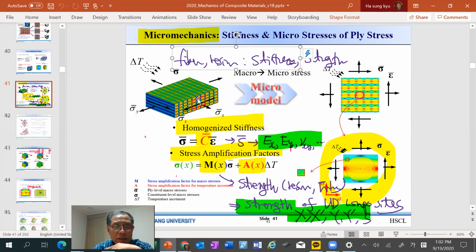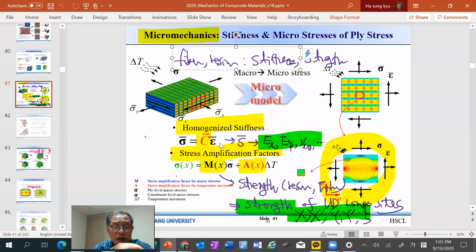Then the stresses applied to this material are called macro. So we would like to know the relation between macro stress and macro strain. So here we define the C bar. Again, it is called homogenized stiffness.